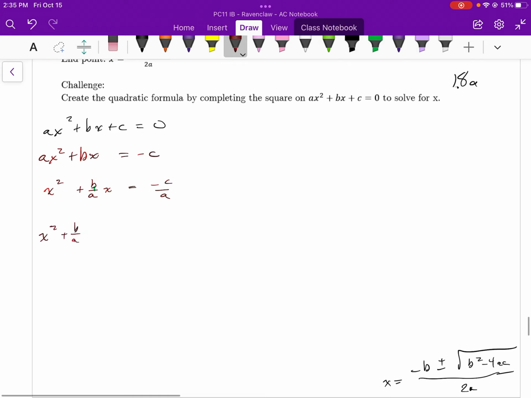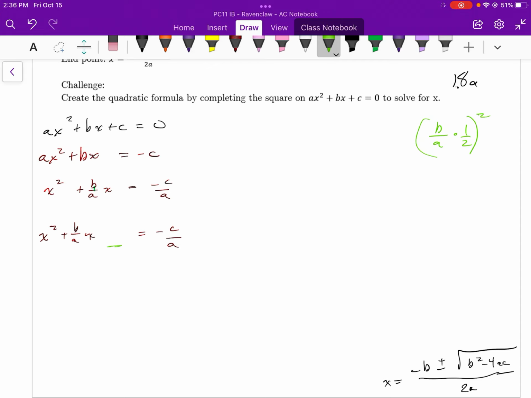And I'm just going to rewrite this down. Over on my right-hand side, I'm going to ask myself, what must I add to make this a perfect square? Well, I take my middle term, b over a, and I divide it by 2, or multiply it by a half. Same thing.